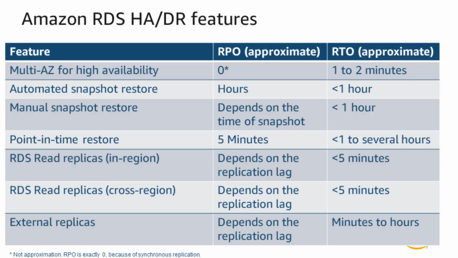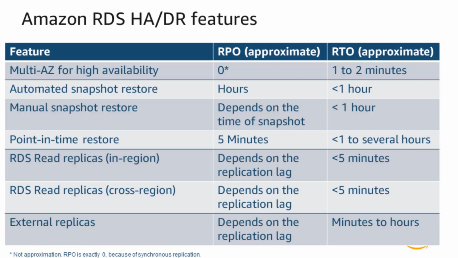And then RTO is the same as your automated snapshots, because of the amount of time it takes to restore and go through that recovery process. We also talked about point in time restore. When you enable automated snapshots, we continuously take binary log backups every 5 minutes.